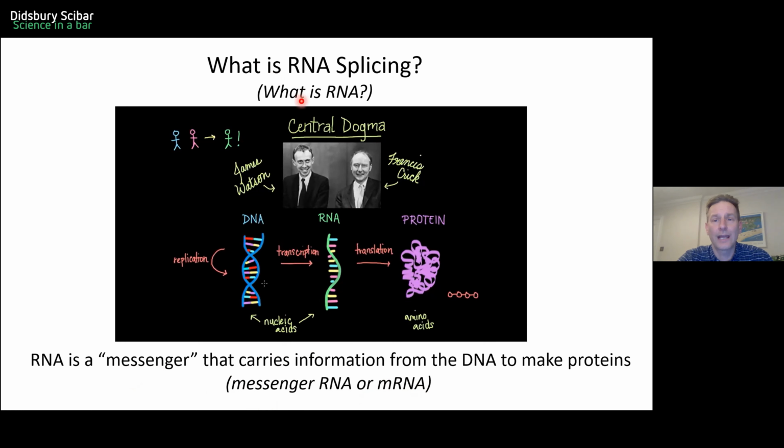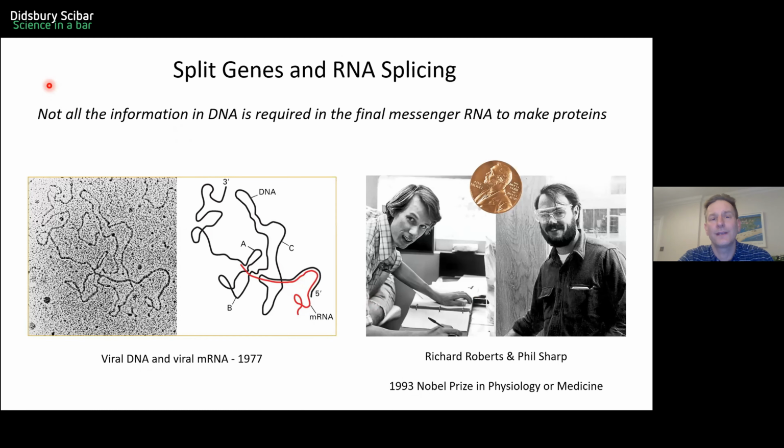This idea that not all the information in the DNA is required to make the final message to make proteins came about in early experiments in the 70s, when scientists were looking at viral DNA and viral messenger RNA and comparing them with each other. You can see here from this electron microscopic image that they've hybridized this messenger RNA to the DNA from a virus.